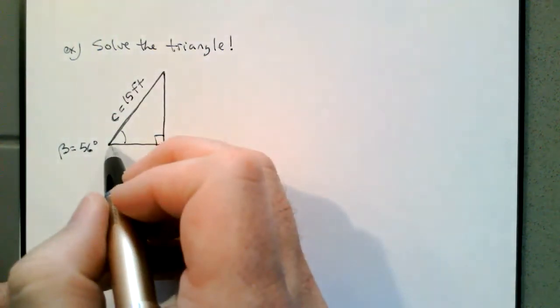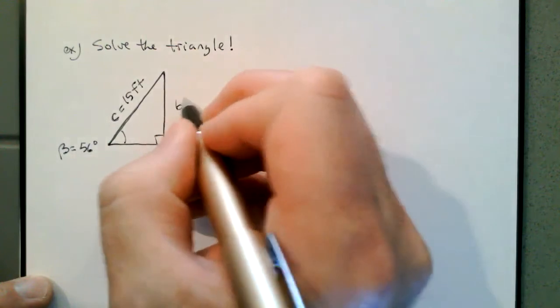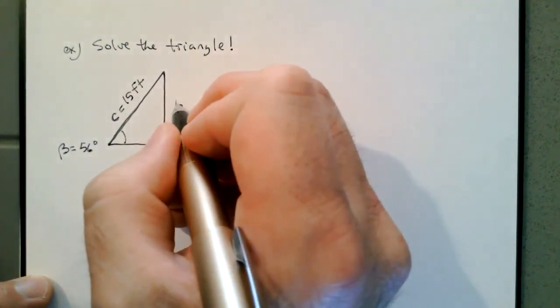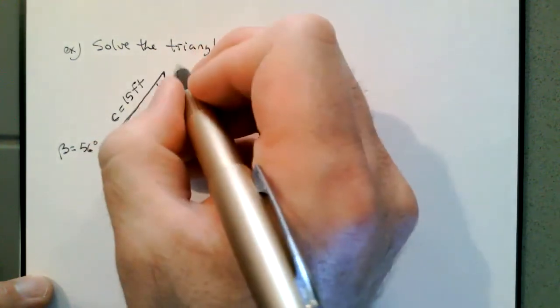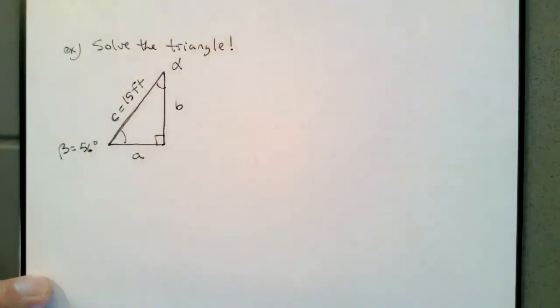If this is angle beta, that means this is side B. If this is side B, then this third side is side A, and this angle up here is going to be alpha. We need to solve the triangle, which means we need to find angle alpha, side A, and side B.